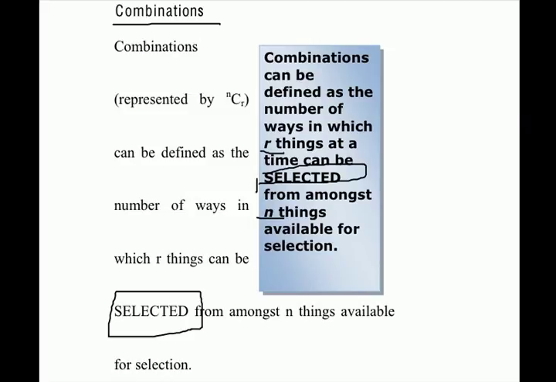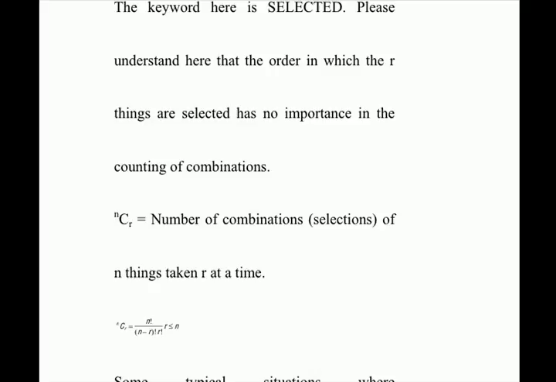So the symbol for combinations is NCR. Just to refresh memory, the symbol for permutation was NPR. So the keyword here is selected, and the order in which they are selected has no importance.